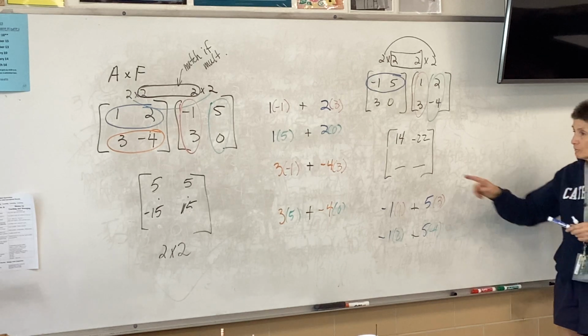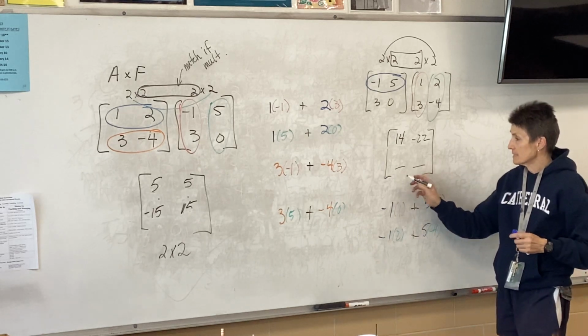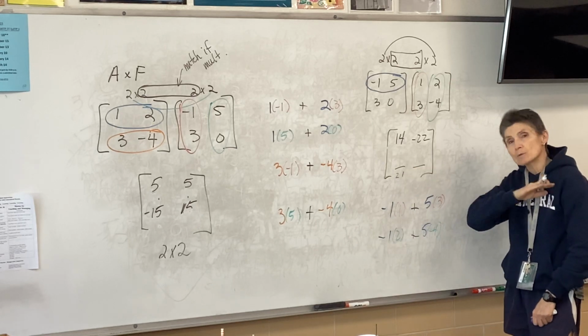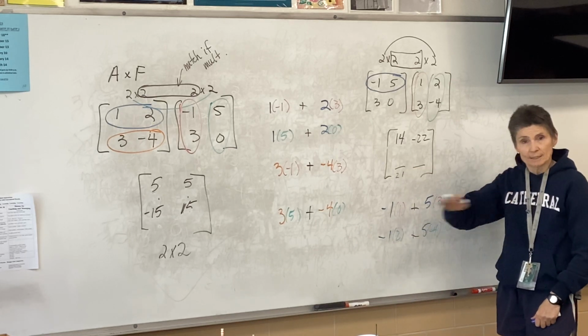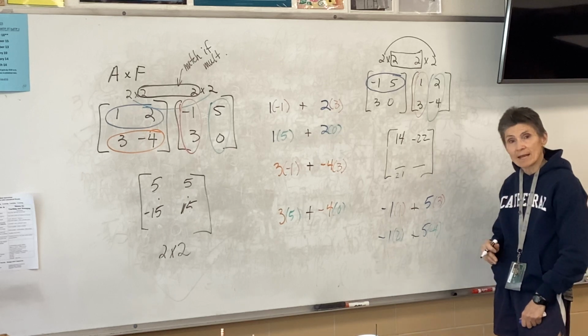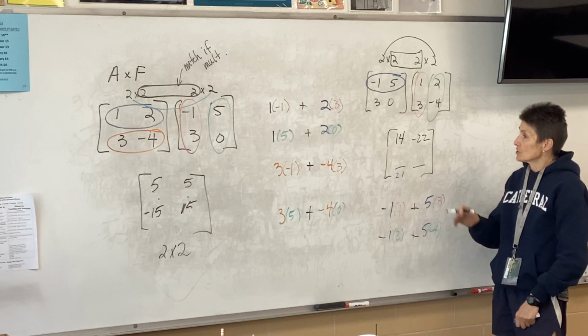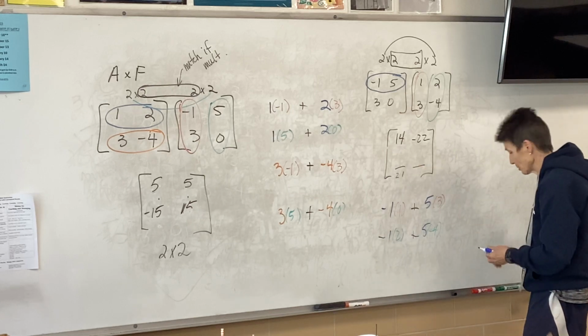Now I'm ready to move down here. This is the second row, first column. Rows go sideways, bleachers. Columns go up and down. We always start with rows. So now I'm in the second row.